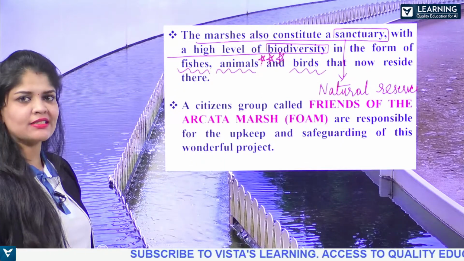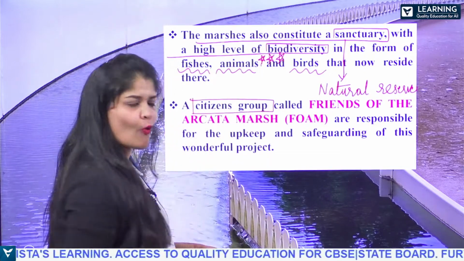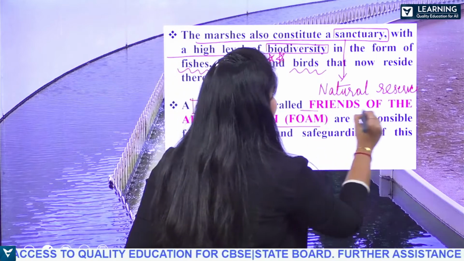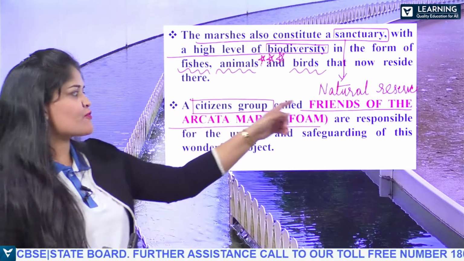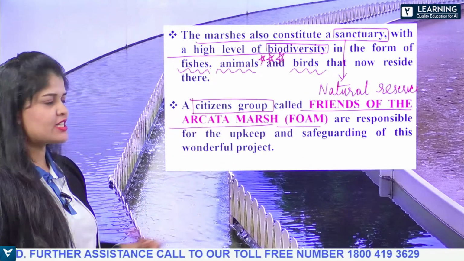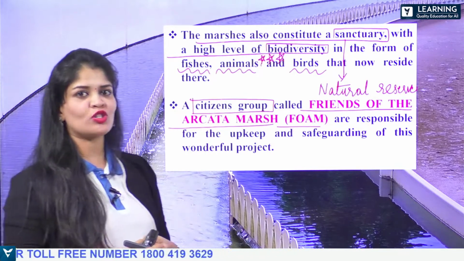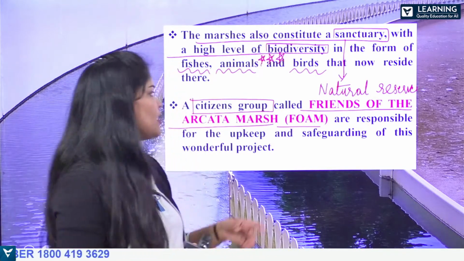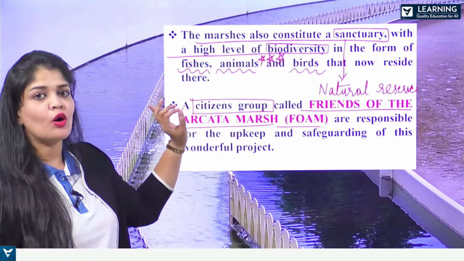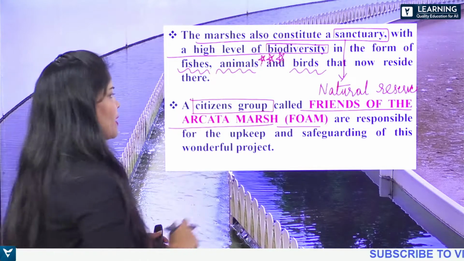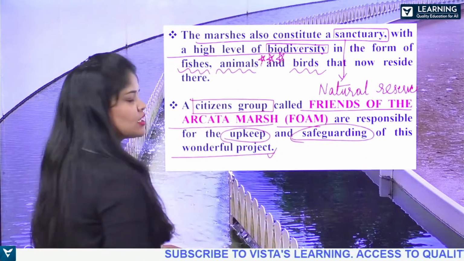So the citizens group, we call it FOAM, which abbreviates as Friends of the Arcata Marsh. Friends of the Arcata Marsh. These marshes we are using to treat the wastewater in a natural way, and this is the group of citizens who are responsible to keep up and also safeguard this wonderful project.